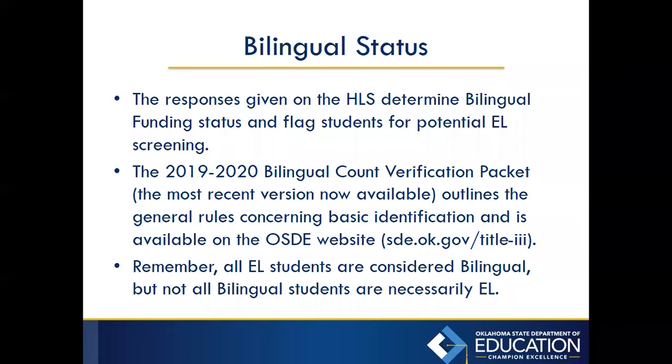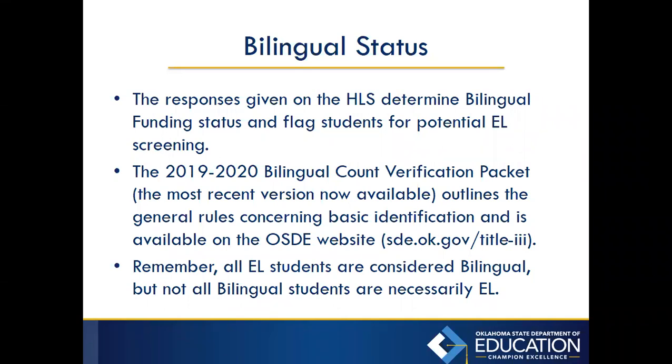Okay, regarding bilingual status here for your state funding, bilingual funding. I want to say something real quick about that. This confused me for quite a while, so I think it's worth pointing out. The way the word bilingual is used is the way the state legislature has defined bilingual, which is not necessarily the way most people use the word bilingual.